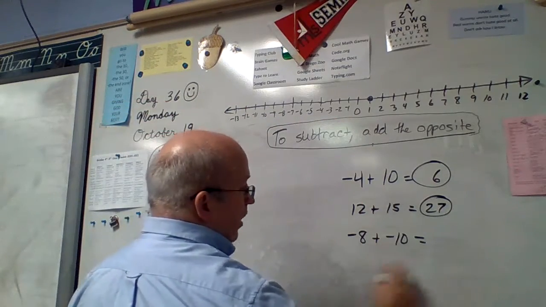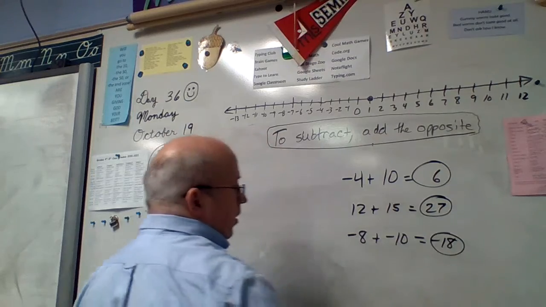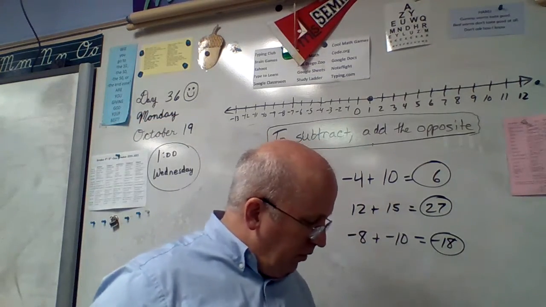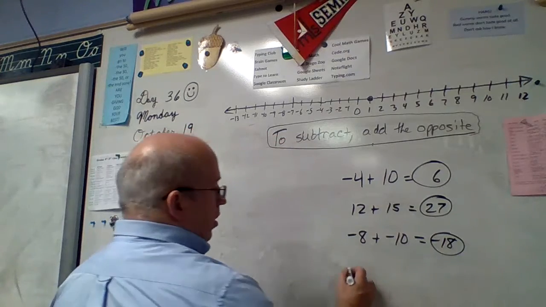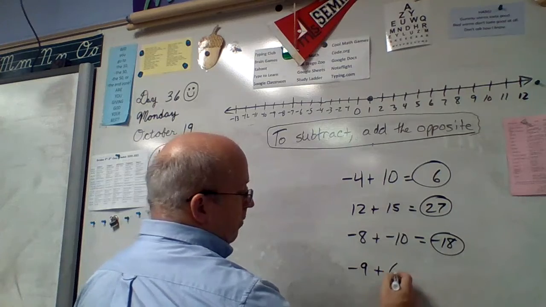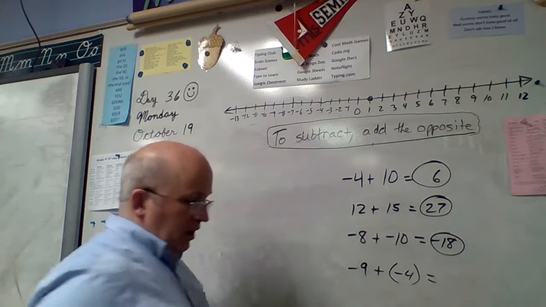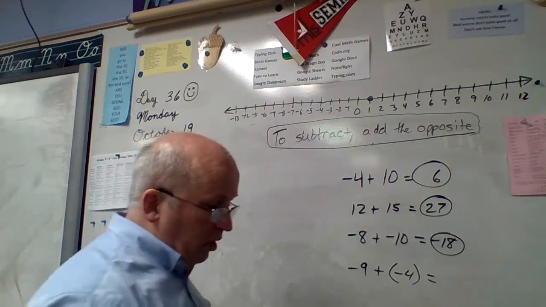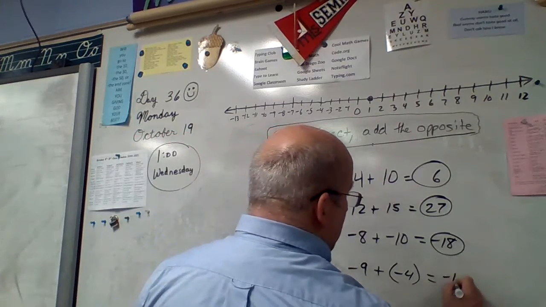When you're adding 2 negatives, you just add them. A negative plus a negative is a negative. How about number 4? Number 4 says -9 plus a -6. I'm going to do -9 plus a -4. Again, this is that second rule. All I'm doing is adding 2 negative numbers, so I just add them. -13.